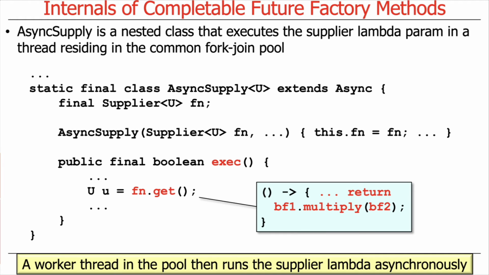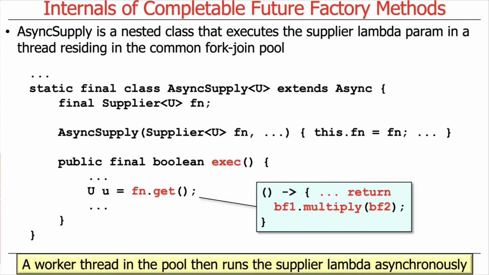And then at some point, and this is the part where you have to sort of suspend your disbelief for a second, the underlying common fork join pool is going to call the exec method back on the AsyncSupply object, which itself is an Async object, and Async defines the exec method.